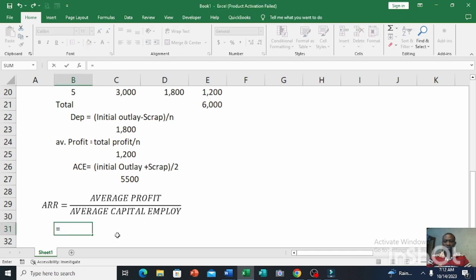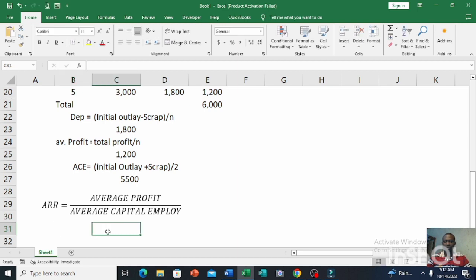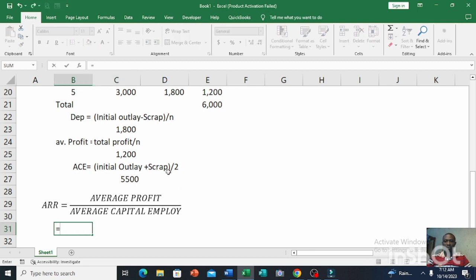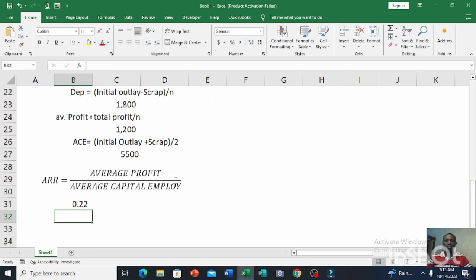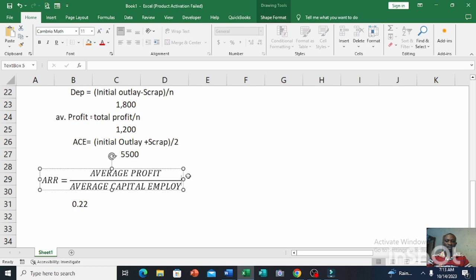So which is equal to, what's the average profit? It's our average profit divided by average capital employed. So please just have 0.22. We'll convert our answer to be in percentage, so that should make sense. So in this case, you take the answer times 100. You can just add times 100 to your formula as well, if you need.